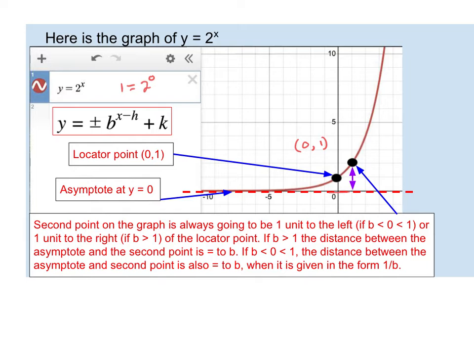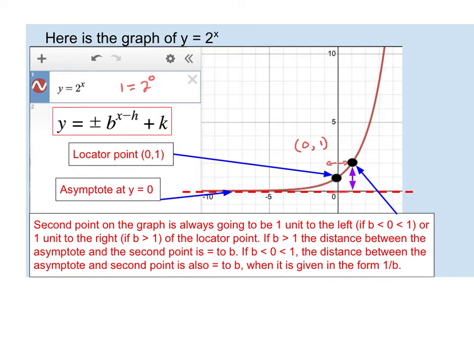Now, to find the second point, that's where we talk about the distance from the asymptote. So you're going to go 1 unit to the right or 1 unit to the left. Now, whether you go to the right or left is determined by if b is a fraction or if it's a whole number. If b is a whole number like 2, 3, 4, 5, 6, you're going to go to the right.